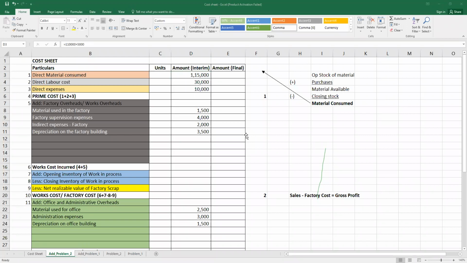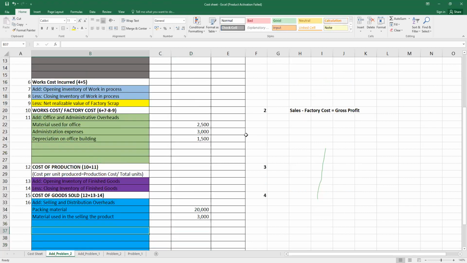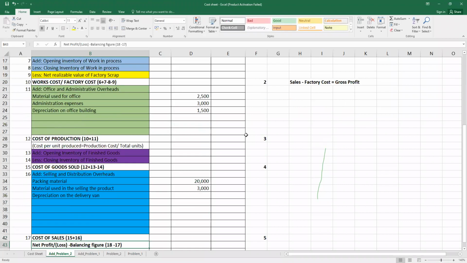Depreciation on delivery van. Delivery van is related to the selling and distribution overheads. So write it over here, depreciation on the delivery van 1,000.